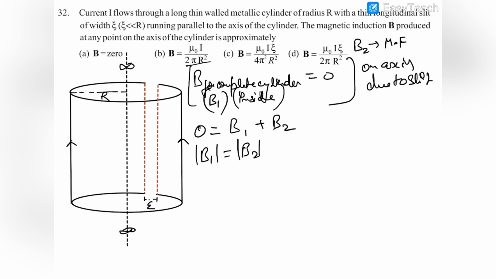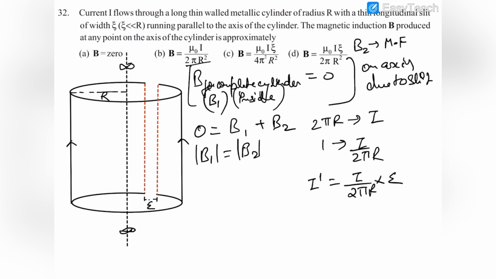So I will use the unitary method: from 2 pi r, the current flowing is I. From one unit length, the current will be I by 2 pi r, and from this slit length, the current flowing will be, let's suppose, I dash. So I dash will be equal to I by 2 pi r into the slit width. I hope you have understood this method. You can imagine it and easily understand it.